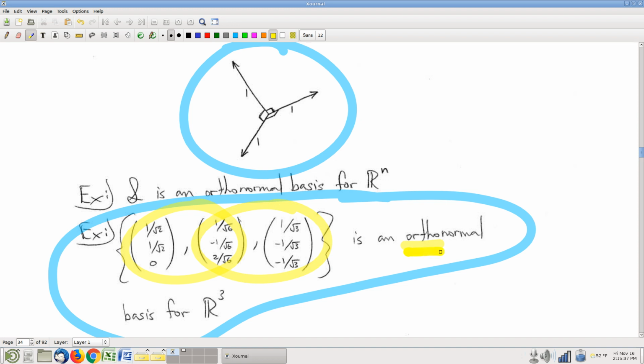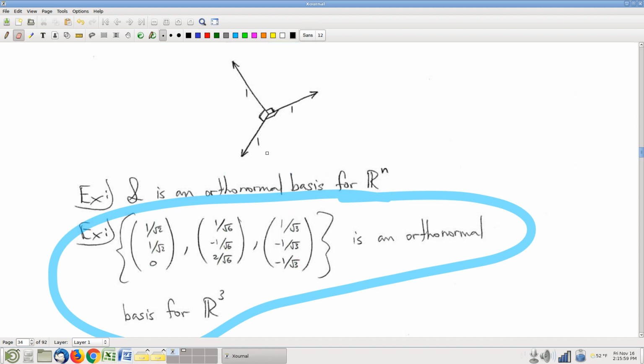Those are orthogonal. And those are orthogonal. So they're pairwise orthogonal, and all of these have magnitude 1. Thus, orthonormal. Okay.